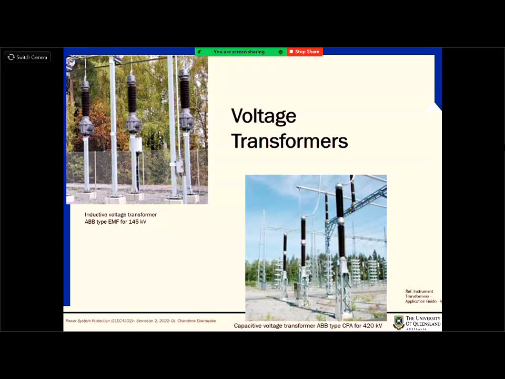Regarding the lectures, we started discussing instrument transformers, and out of them we did some calculations related to the current transformers and discussed their behavior. Today we are going to look at the voltage transformers, or we call them potential transformers as well. As you can see here, I gave you a brief description about them in the last class.